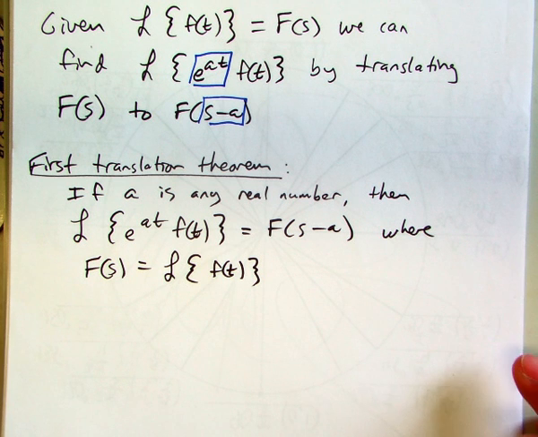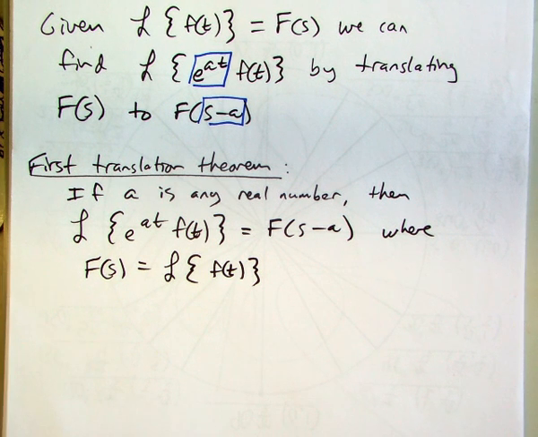So this is what I was saying earlier. As long as we understand the basic form of what the transform looks like, then it'll be relatively easy to translate it or find the result of our new function here. Okay, and here's the proof.